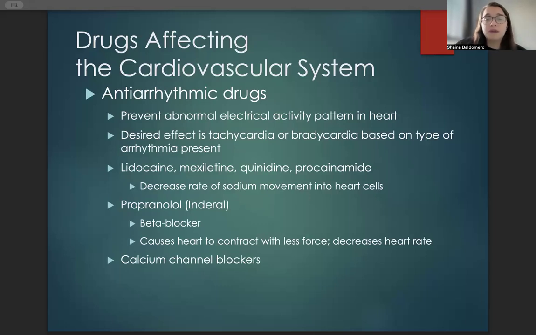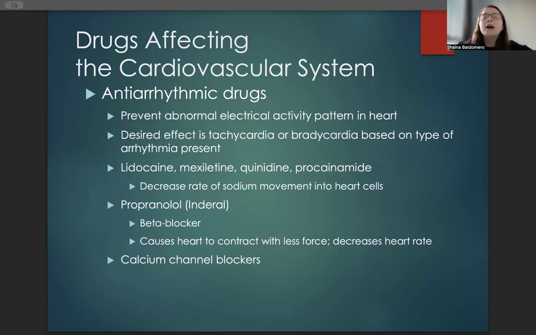It could be skipping of beats. It could be where the ventricles are rapidly firing, VFib. It can be any of those things. Again, an arrhythmia is just a blanketed term for some type of electrical beat malfunction, or abnormal electric activity pattern in the heart.